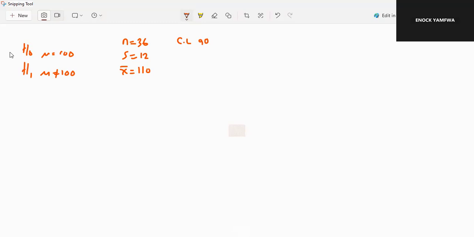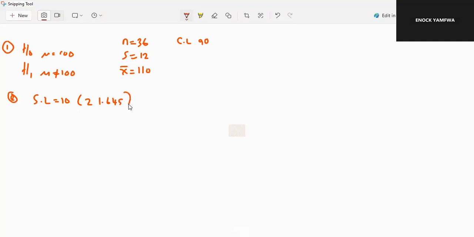So you need to follow 4 steps. Number one, you set the hypothesis. That is our mu. Second, you set a level of significance. At 90%, that is your level of significance. The level of significance is 10%. Where our Z here is 1.645. Then you make the decision rule.